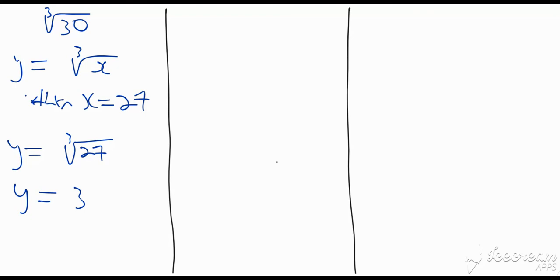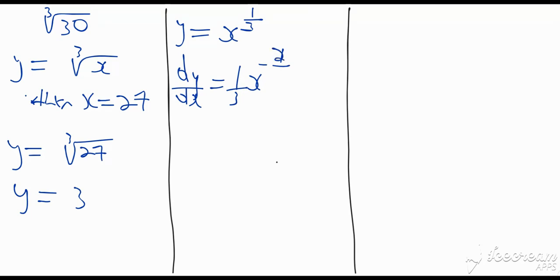Now, what we are interested in, of course, is to find the cube root of 30. So we're going to be finding the gradient function. So we start by saying that y is equal to x raised to the 1/3. So dy over dx is equal to 1/3 x to the negative 2/3. This can be broken down as 1 over 3x to the 2/3.